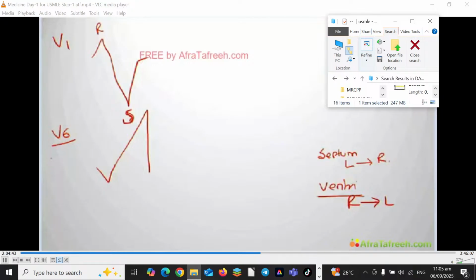After that, some proportion of the left ventricle does not get depolarized along with the rest of the ventricles, which leads to a small negative deflection. This small negative leads to the S wave. This is called the Q wave, and this is the R wave. This is how a normal ECG will look.